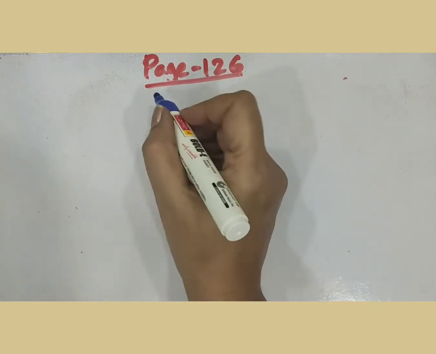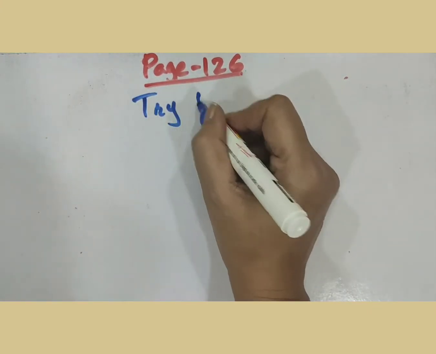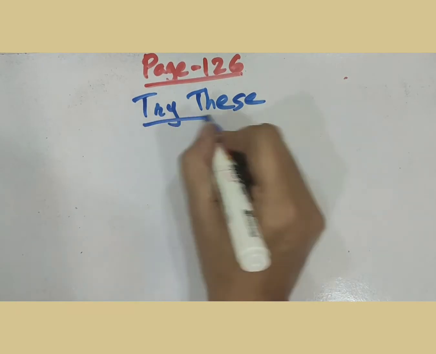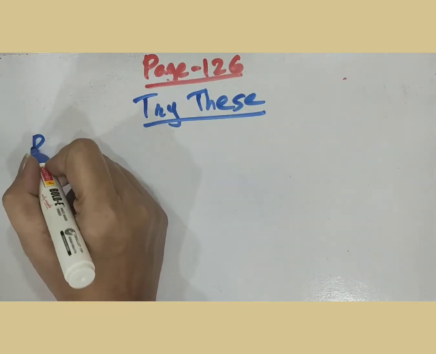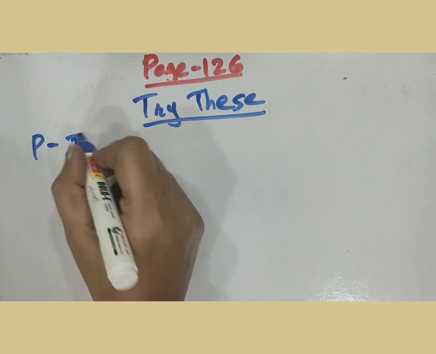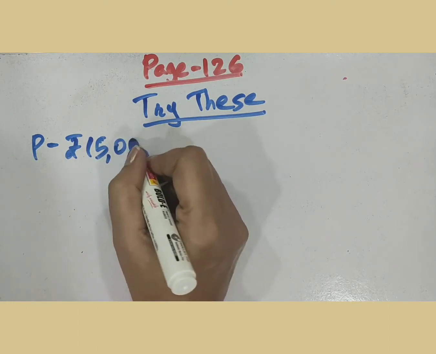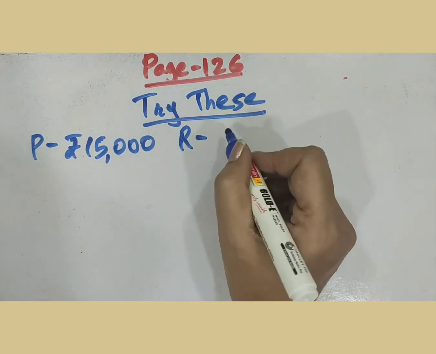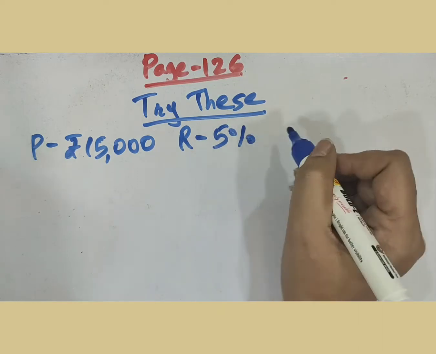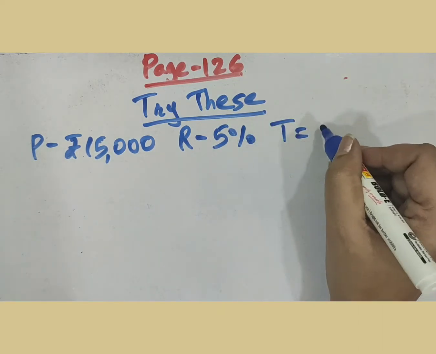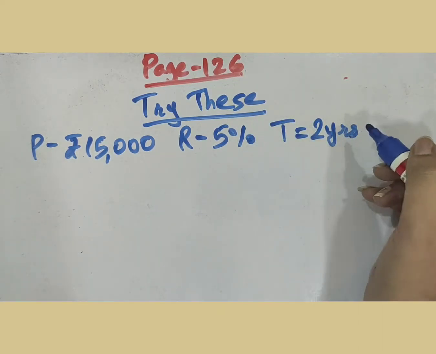Let us solve it. First we are going to write all the details. Your principal is rupees 15,000, rate is 5%, and time is 2 years.